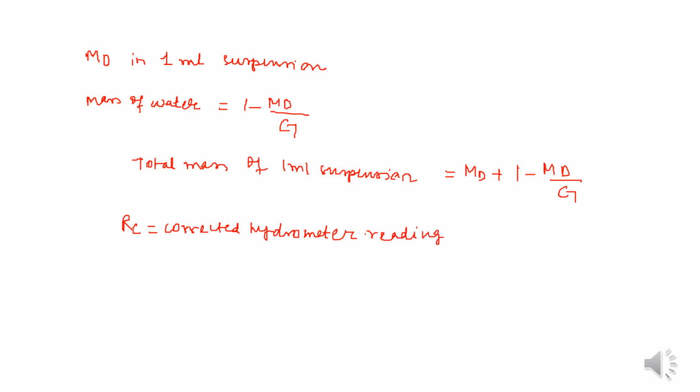Therefore, my specific gravity G of the soil suspension can be determined by 1 plus RC by 1000. So this we have already seen, how we are getting G and RC in the previous slides.